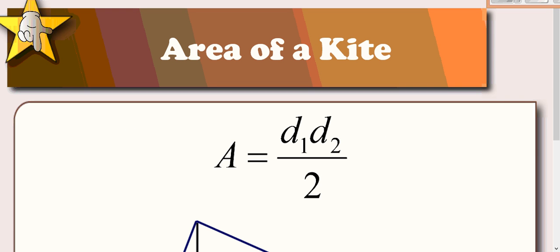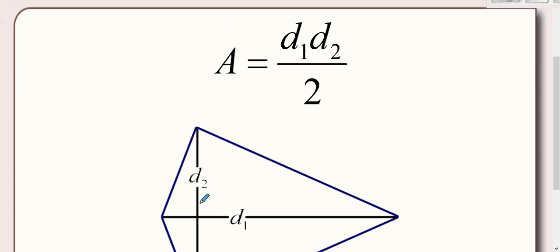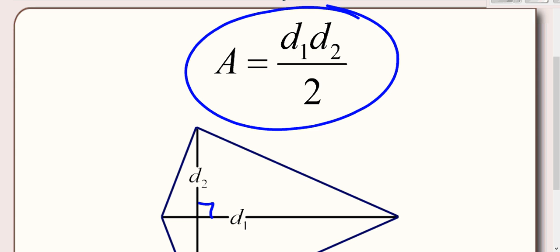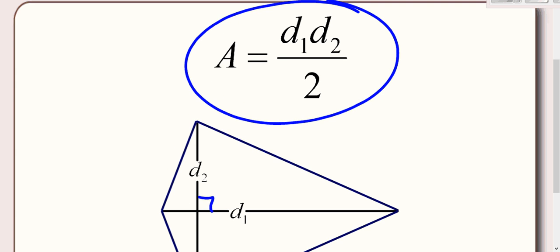Area of a kite. There's a couple different ways to do it. One of them would be, we talked about how this makes 4 right triangles. You can find the area of each triangle. But a much, much simpler way is diagonal times diagonal divided by 2.